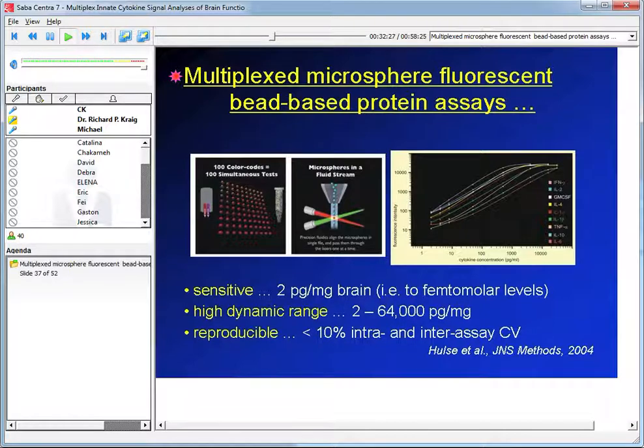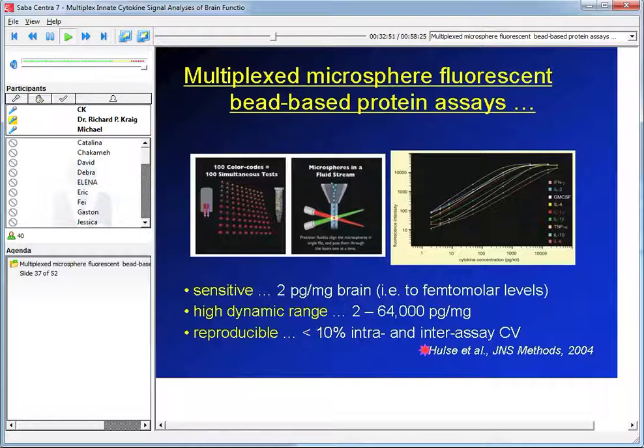We did have very nice response. We had 2 picogram per milligram sensitivity, which is femtomolar in origin. We had a very wide dynamic range. We measured 9 cytokines in our first go-through. We'll focus that slightly more to the innates now. And our intra- and inter-assay variability now is probably down to 6 to 8%.